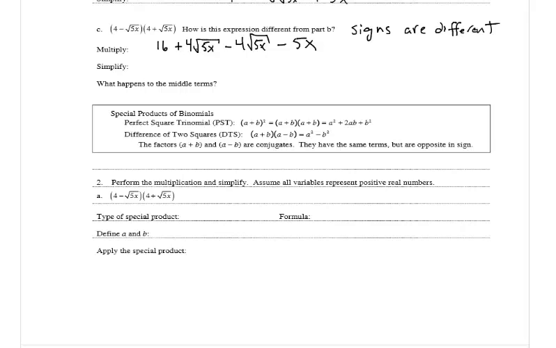And when we simplify, you can see that our center terms are going to cancel each other out. We have positive 4 square root of 5x and negative 4 square root of 5x. So we're left with 16 minus 5x. And it asks us what happened to the middle term, and they canceled out.